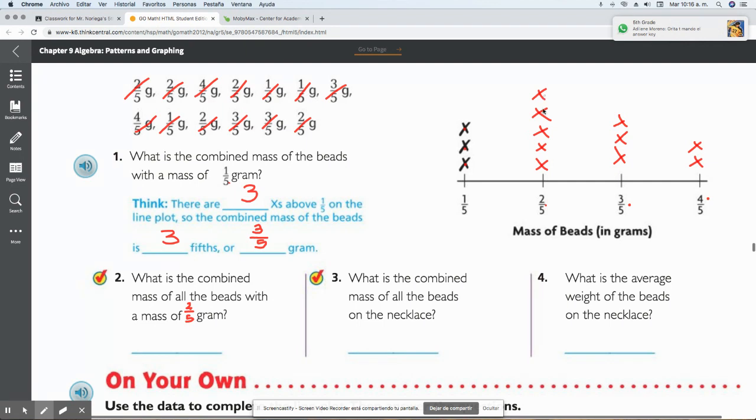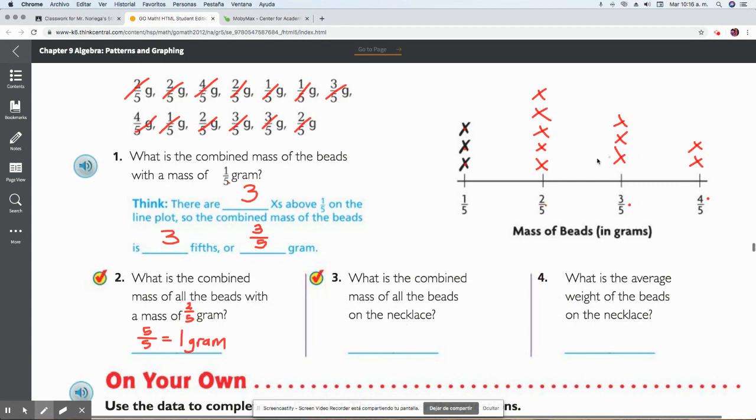So that means 2/5 has a combined mass of 5/5, or 1 gram, because if the numerator and the denominator are the same number, that will always equal 1 whole.